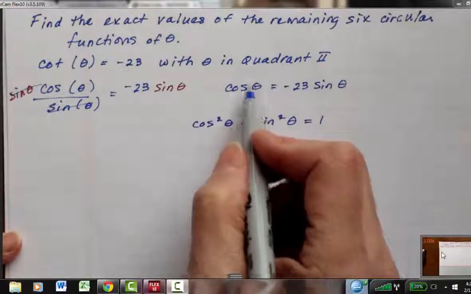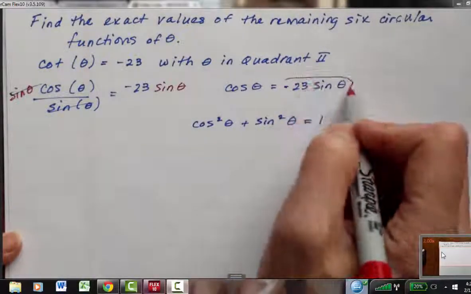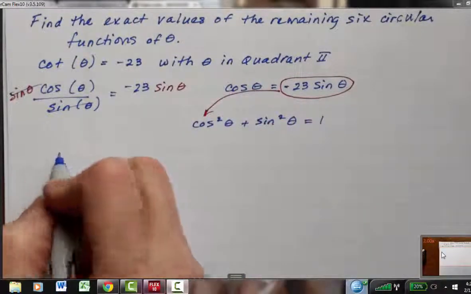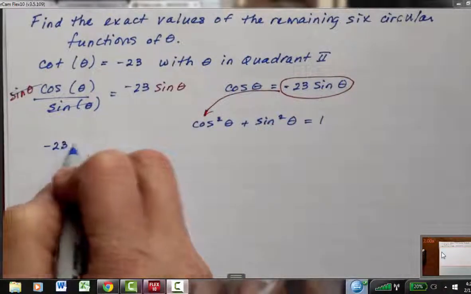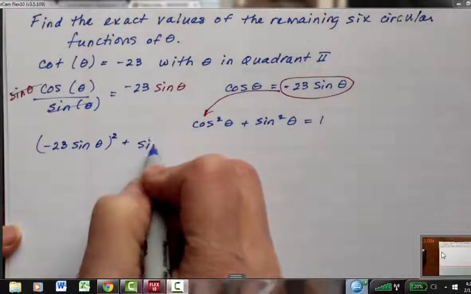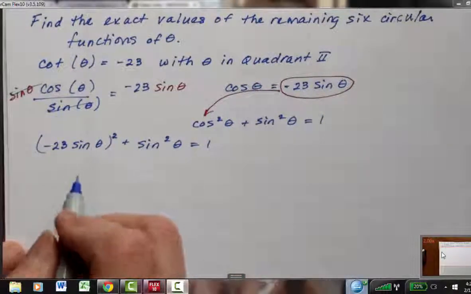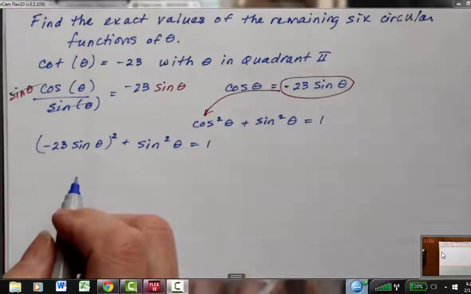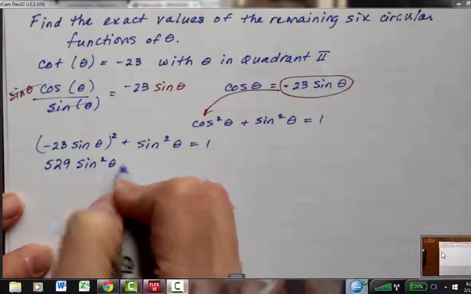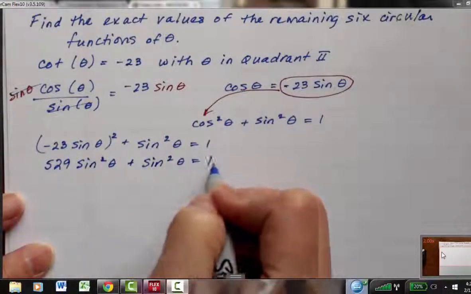So for cosine theta, I'm going to be putting this expression in wherever I have a cosine. Going ahead and doing that, then I'm going to have negative 23 sine theta, and that's going to be squared, plus sine squared theta, and that's equal to 1. So 23 squared gives me 529 sine squared theta plus sine squared theta equals 1.